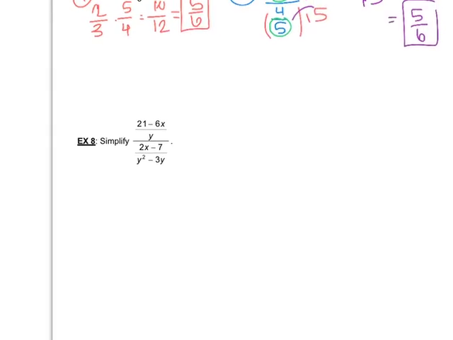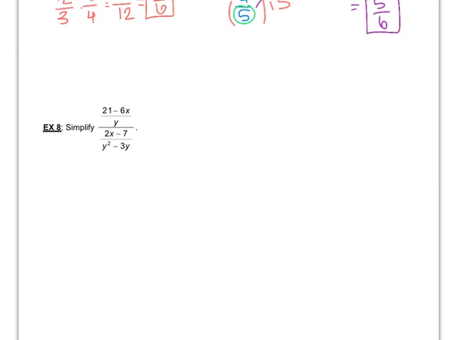So in problem 8, we've got this complex fraction because we have a fraction within a fraction, both in the numerator and denominator. So with this, don't forget what I wrote on the top of the notes. Factor first. If you can factor, do it. So I'm going to rewrite this.